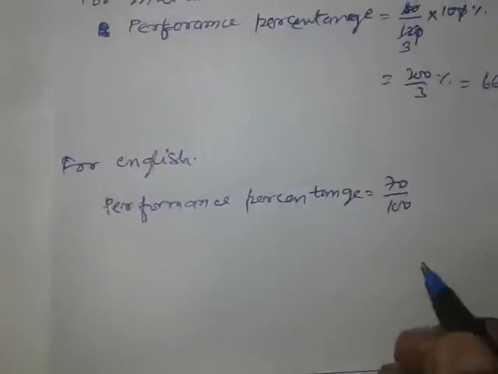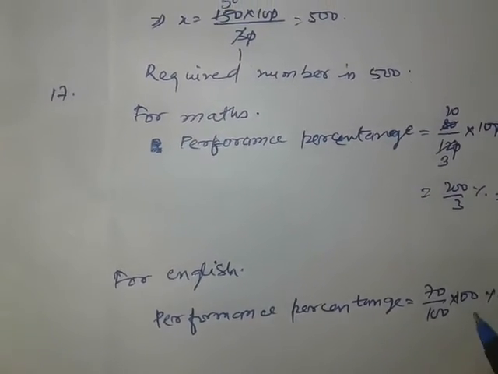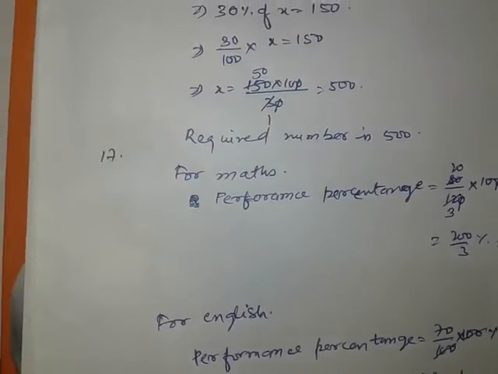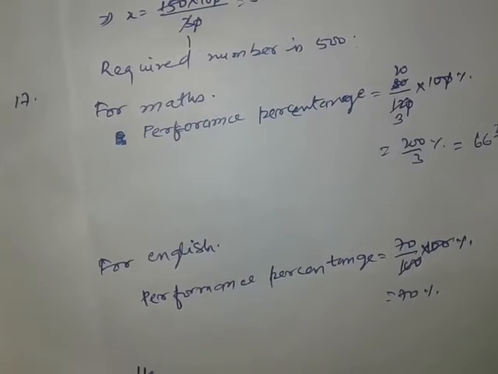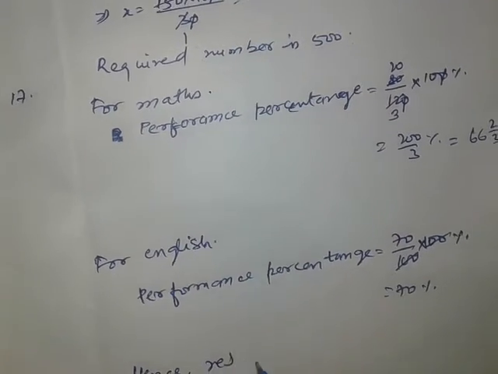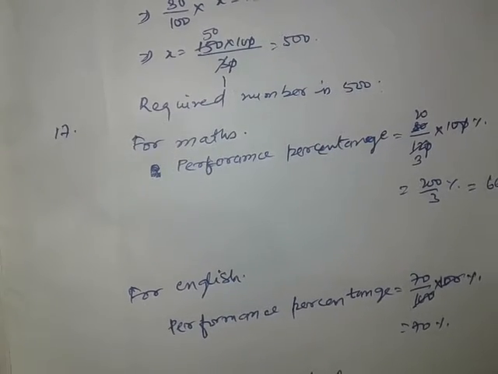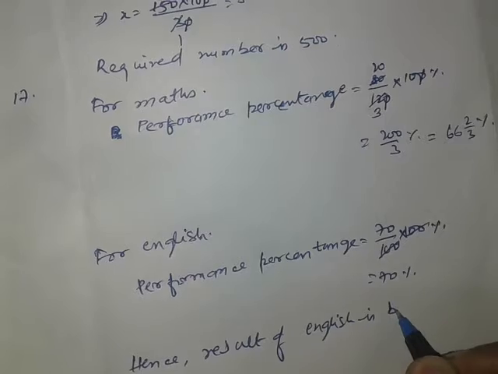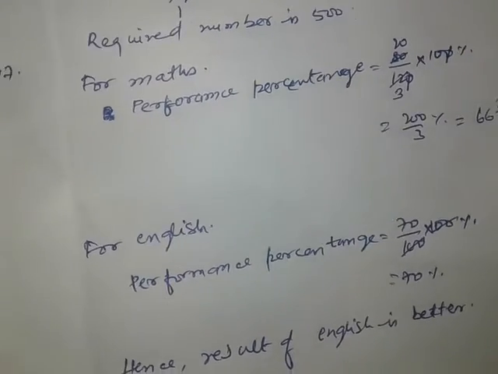So let's go ahead, multiply it by 100, and the percentage also we cut, and it is 70%. Now we compare both of them: which is greater? 70 is greater, so hence the result of English is better. So like this you have to solve this question.